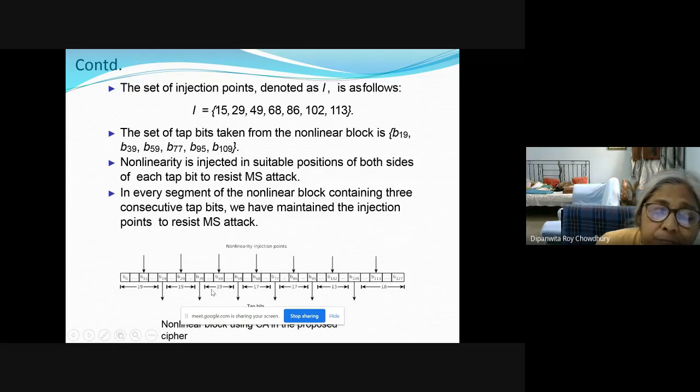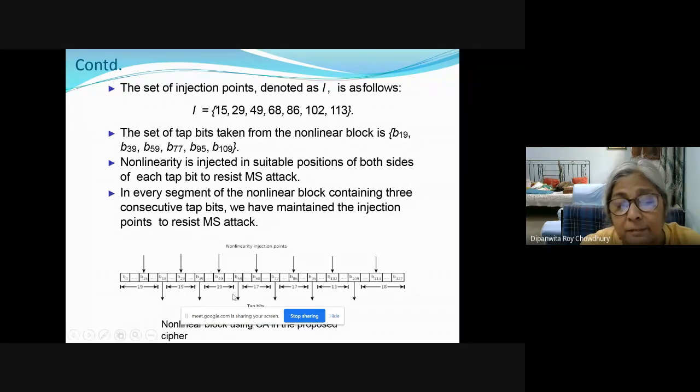Now see, this is the gap we have maintained, and this is one analysis we have done. With this 19, if it is 17-bit, you see that initially it is 19, it is totally reversed: 17, 13, 19.